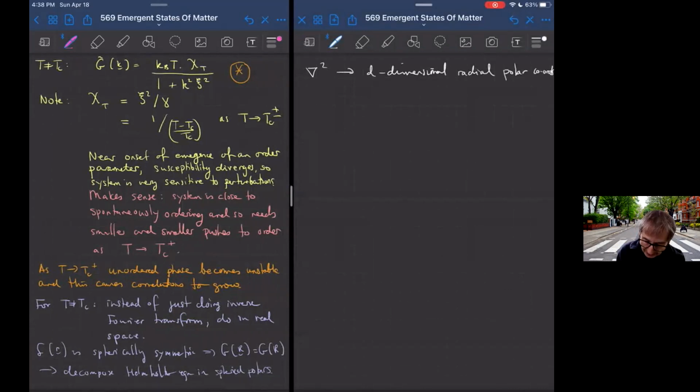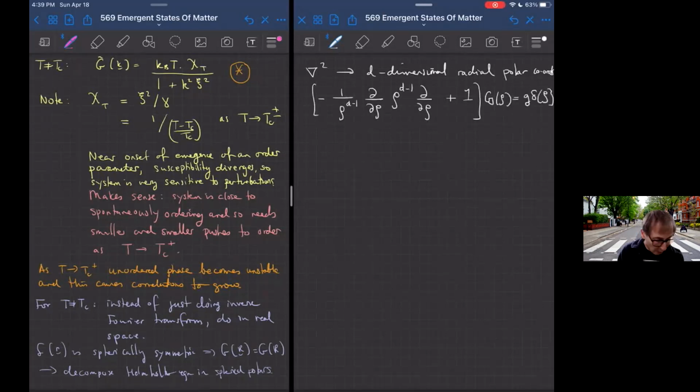So what I get is minus 1 over rho to the power d minus 1, d by d rho of rho to the power d minus 1, d by d rho, plus 1. So that operator acting on a function which I'm going to call capital G of rho is equal to little g delta of rho. And what is rho?